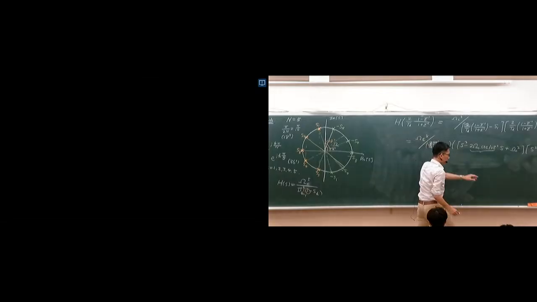Pretty tedious, yeah. Whenever we see S, we need to replace it with S, 2 divided by TD, 1 minus Z inverse, 1 plus Z inverse, everything square, yeah. And whenever we see S, replace it by Z, by that.